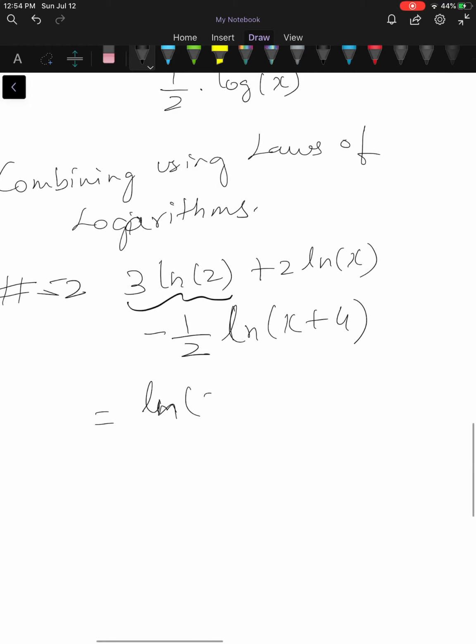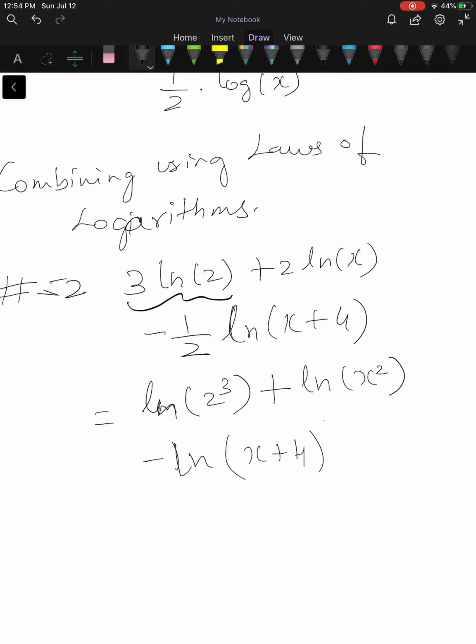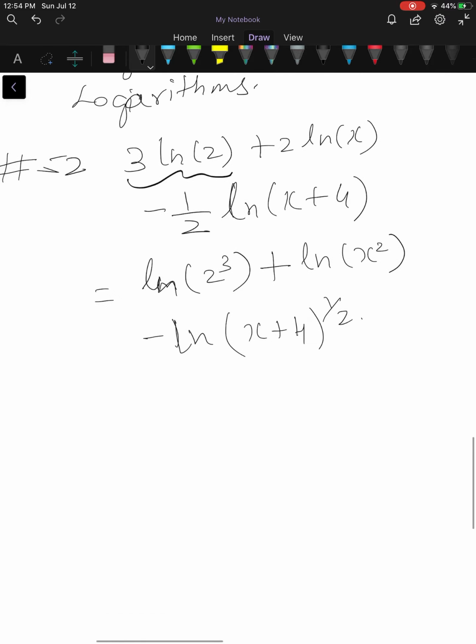So the first term can be simplified as this: ln of 2 cube, correct, plus ln of x square, sorry, minus ln of x plus 4 whole to the power of half.